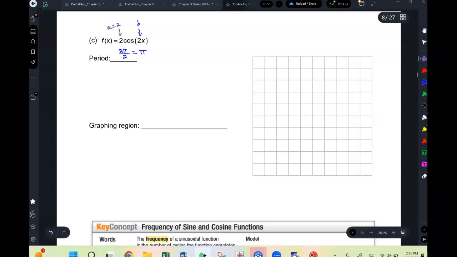So my graphing region, right, we're going to go from 0 to 2 pi. I put 2x inside. Divide by 2, divide by 2, divide by 2. So 0, x, pi. Everybody okay with this?